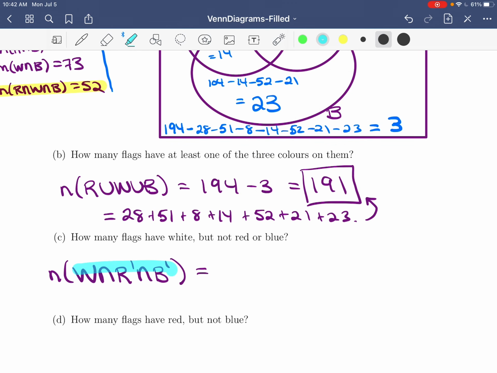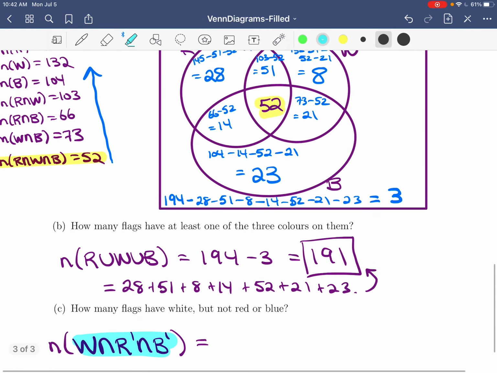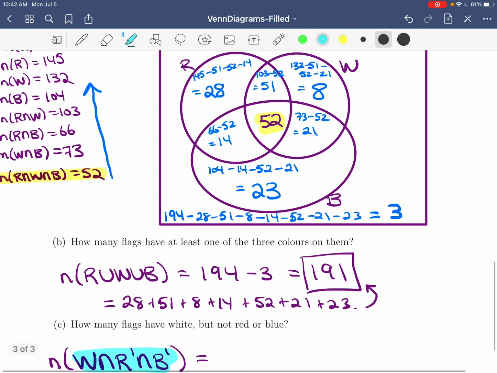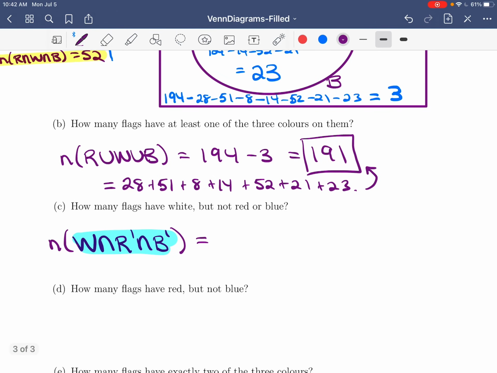Okay, so this set is just the region here. Right? They have white, but they don't have red or blue. So they're in the white circle, but they're not in the red circle, and they're not in the blue circle. So this, now that I have it all like that, is just 8. Okay, it's just one basic region.